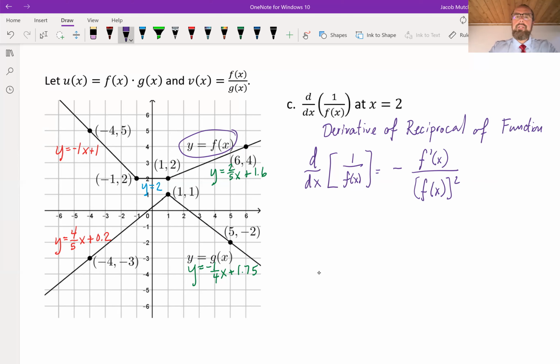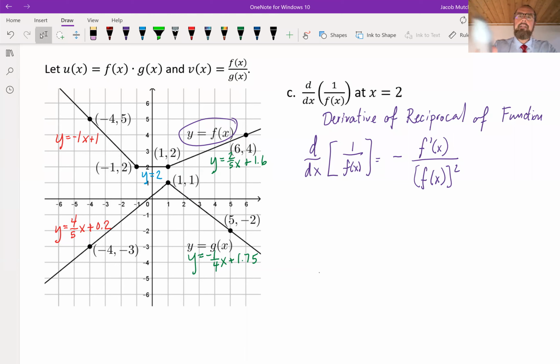So really only 2 things to find here. We need to find f at 2. So since we're over here at 2, we're on this right-hand line. So we're going to calculate that that's 2/5 times 2 plus 1.6. We'll calculate that out. So 2/5 is 0.4, so that doubled is 0.8 plus 1.6, which simplifies to 2.4.